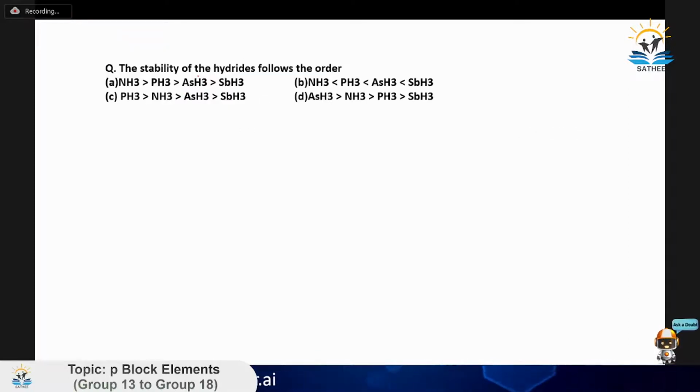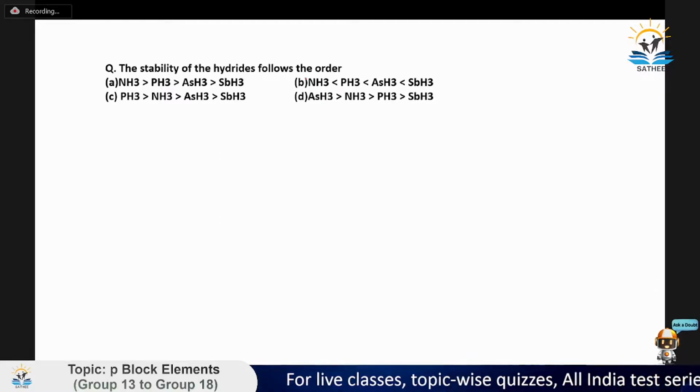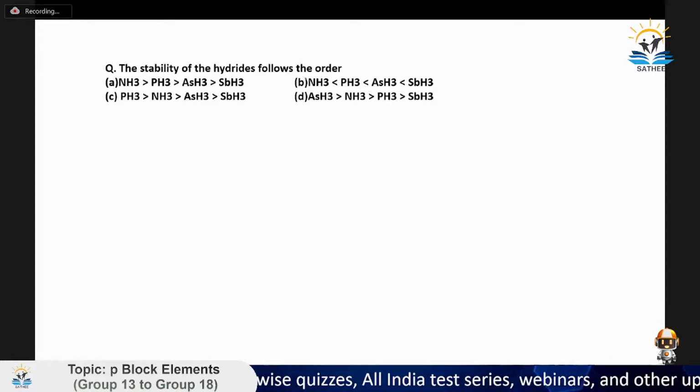And the next question: the stability of hydrides. Now, here's the thing. The hydrides are extremely stable, and nitrogen is additionally extremely stable thanks to its hydrogen bonding property. The hydrogen bonding gives a lot of stability, hence increasing its boiling point also. So nitrogen has to be on the top.